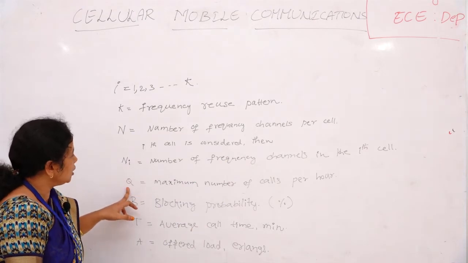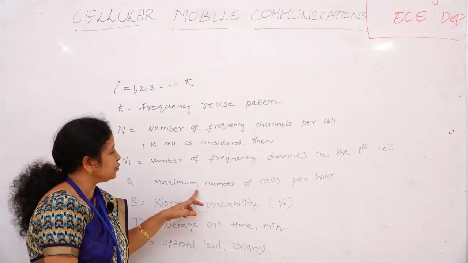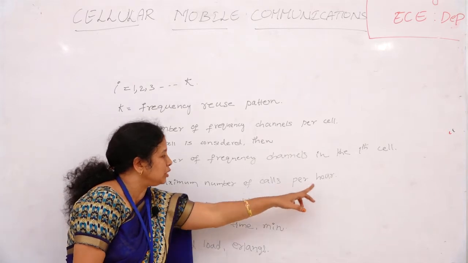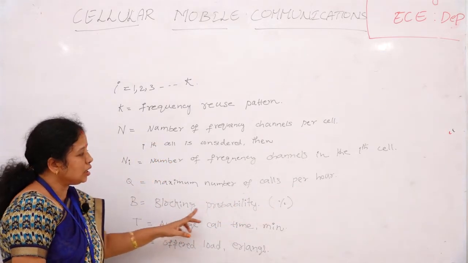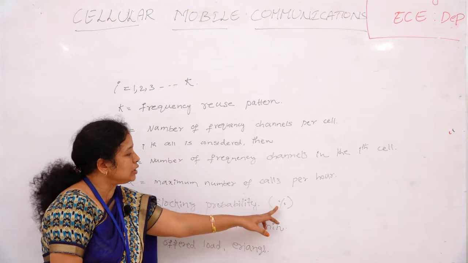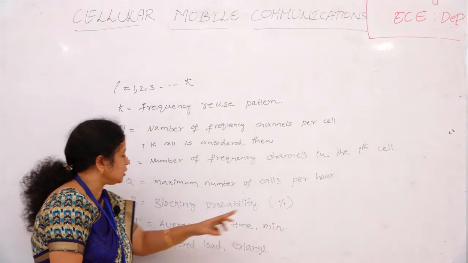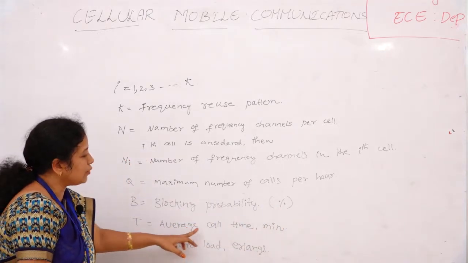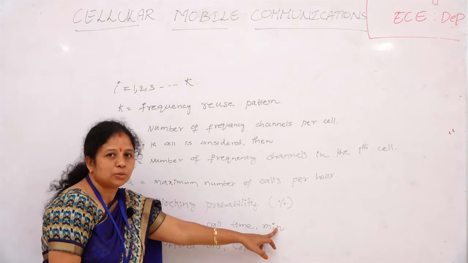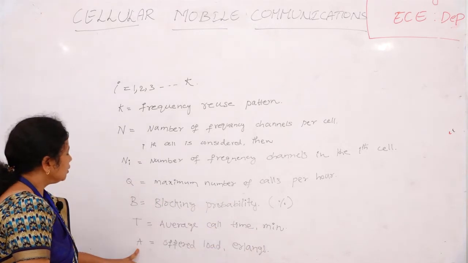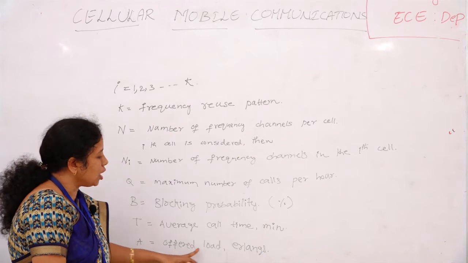And the another parameter is Q. Q is the representation for the maximum number of calls per hour. And B is the blocking probability. It is always mentioned in terms of percentage. And T is the average call time, which is mentioned in terms of minutes. Then the last parameter is the offered load.